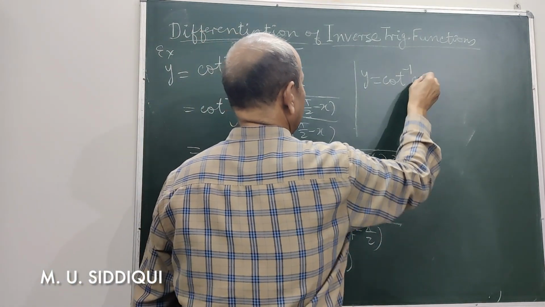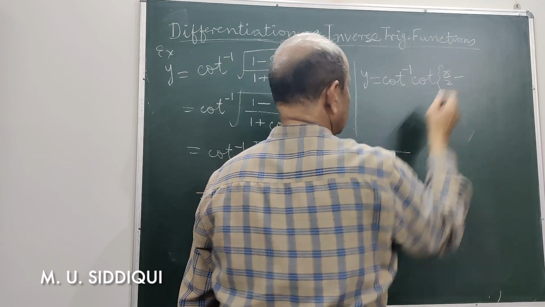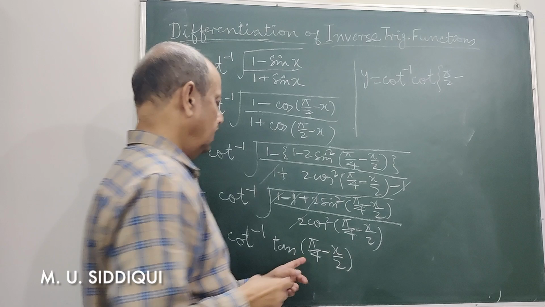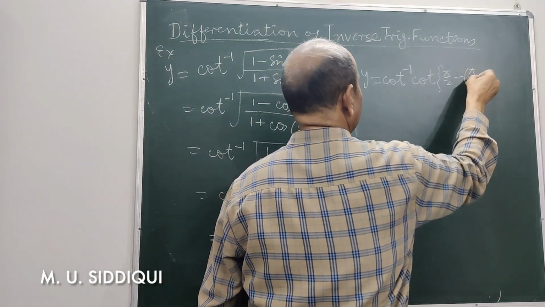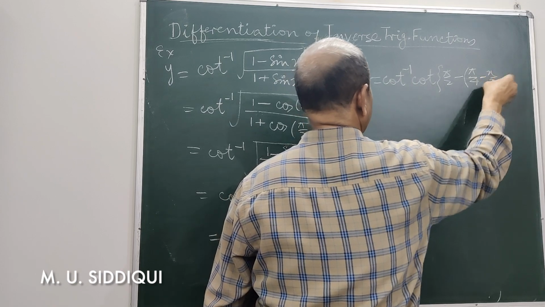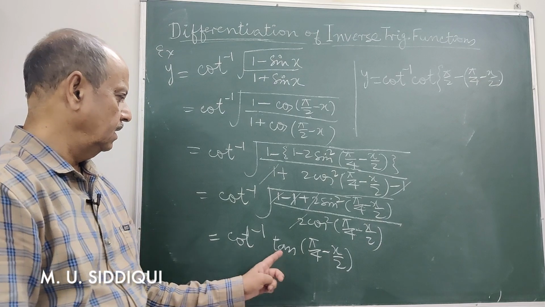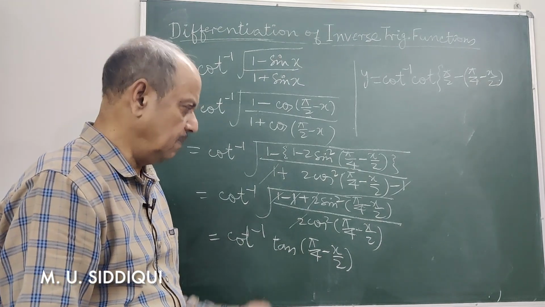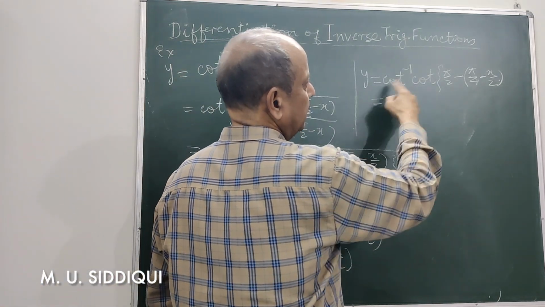So cot inverse of cot, and here you can say pi by 2 minus, because cot 90 minus theta was tan theta as it was, so 90 minus the angle, your angle was pi by 4 minus x by 2. What we have done? We are trying to convert this tan into cot so that this is simplified, and inverse will also be removed. Cot inverse of cot something, this will be removed.